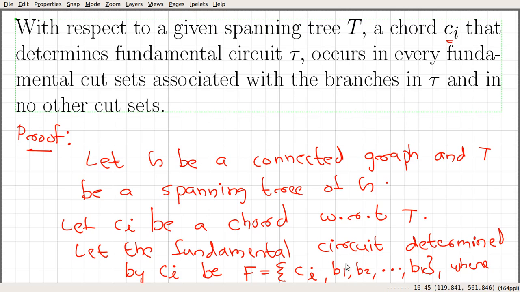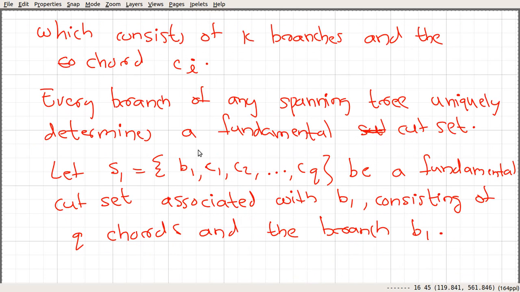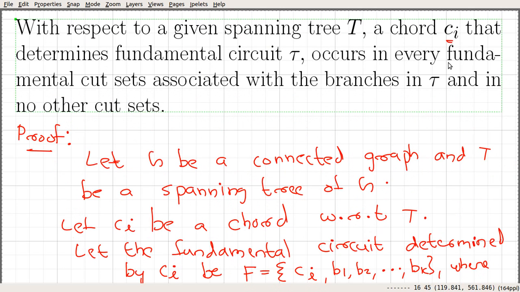Here there is only one chord edge in F, and here we have several chord edges. So Ci must be equal to one of C1, C2 up to Ck. That says the chord Ci is one of these chords, so we are able to show that it occurs in every fundamental cut set associated with the branches in tau.